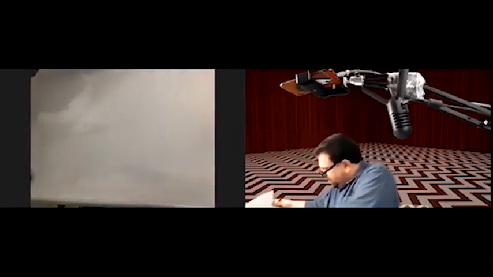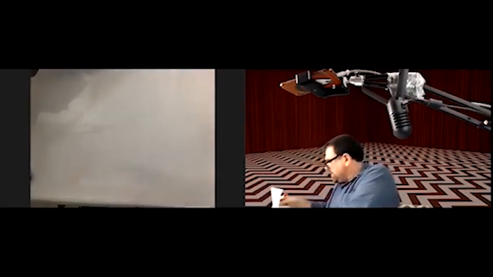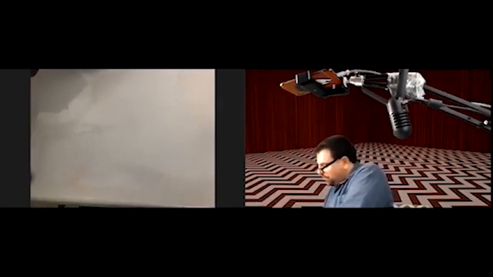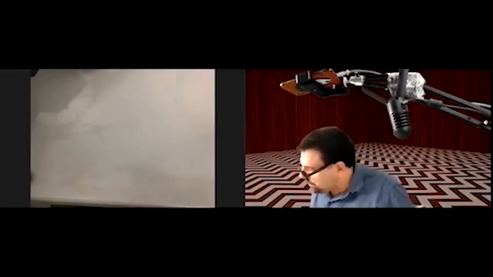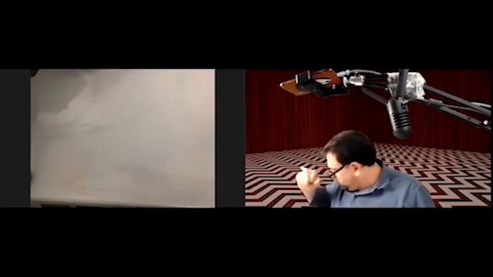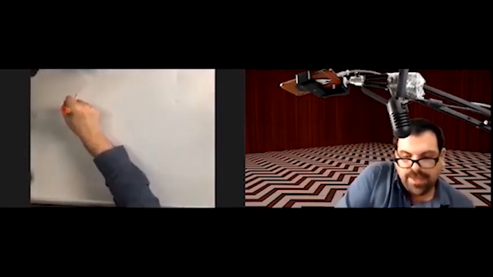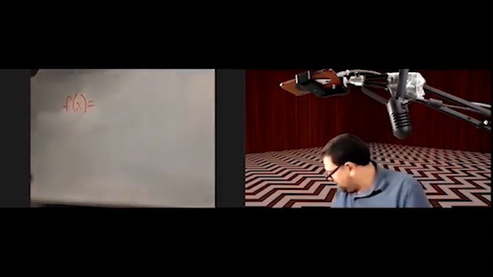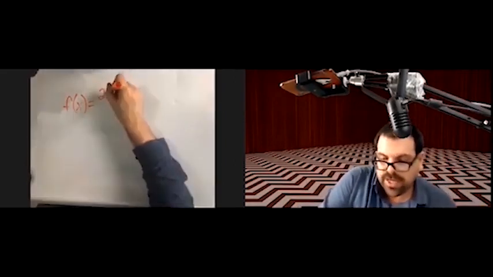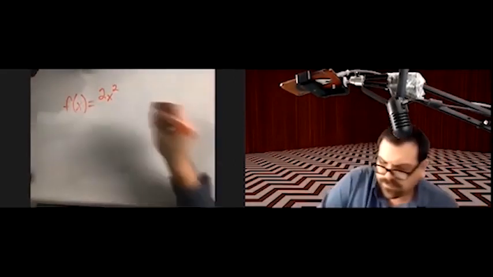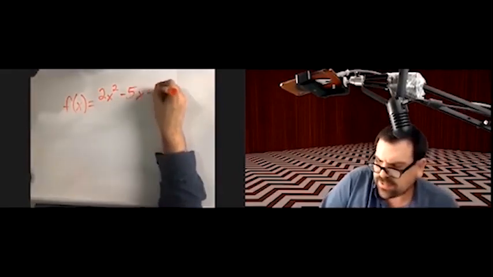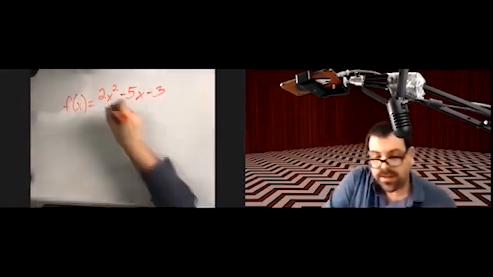I'm trying to find another good slant asymptote problem. Let's take a look at f of x equals 2x squared minus 5x minus 3.